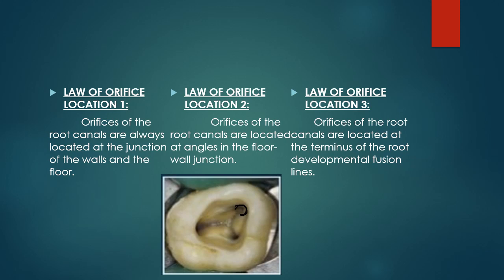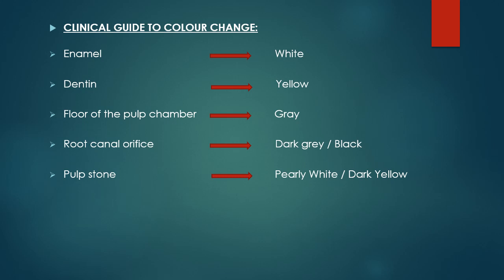Law of orifice location 3 says that the orifices of the root canals are located at the terminus of the root developmental fusion lines. Terminus means the terminal point of the developmental fusion lines. On a clinical note, these points we have to remember so as to proceed with the access cavity preparation.